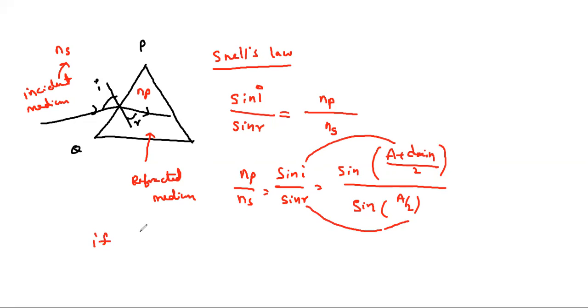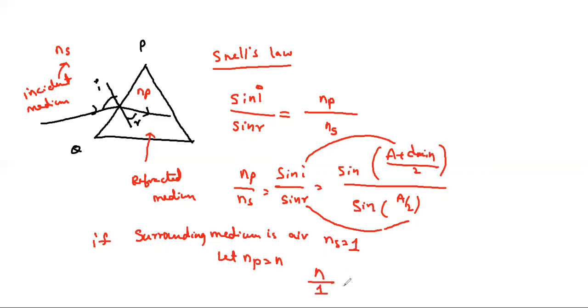And if the surrounding medium is air, then NS will be equal to 1. Let the refractive index of the prism be N. Then you will have N by 1, which will be equal to, ignoring the sine I by sine R, directly writing the formula, sine of A plus D minimum divided by 2, whole divided by sine A by 2.